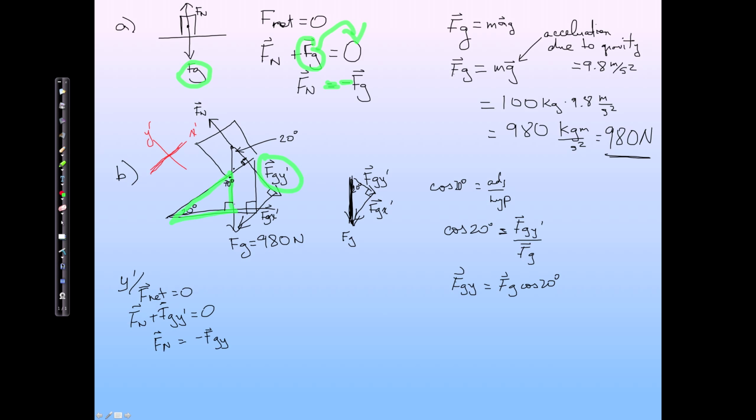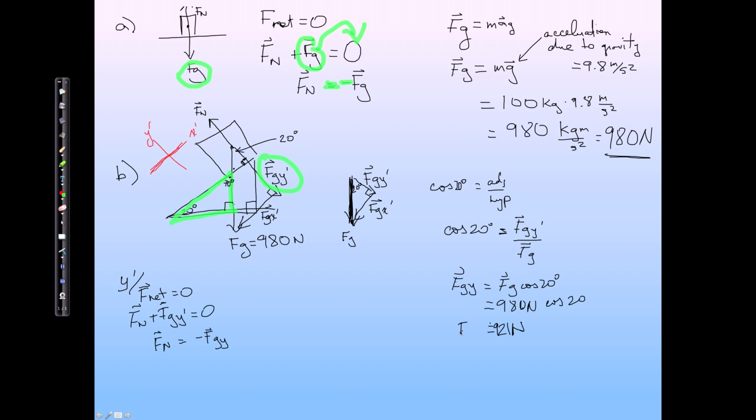Remembering that FG is equal to 980 newtons, that means that FGY prime equals 980 newtons times the cos of 20, which equals approximately 921 newtons. That's FGY prime.